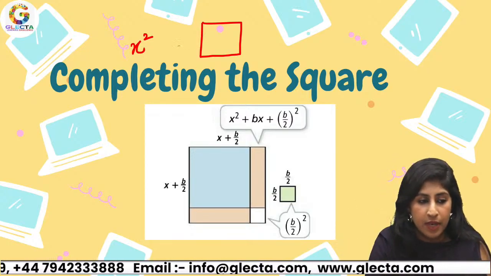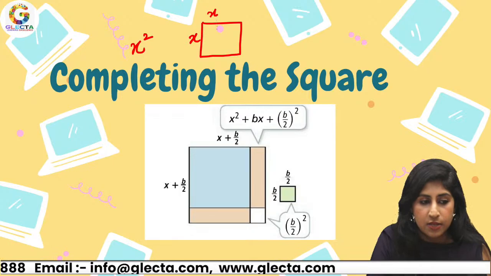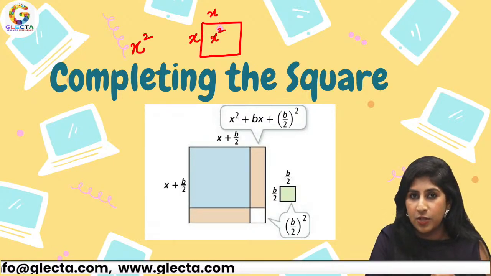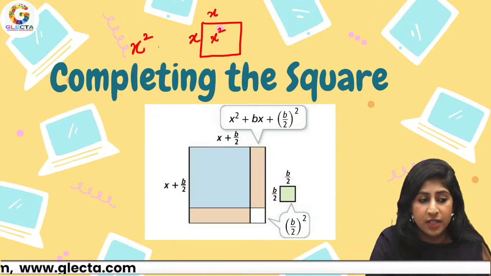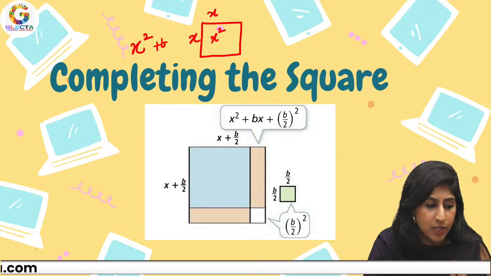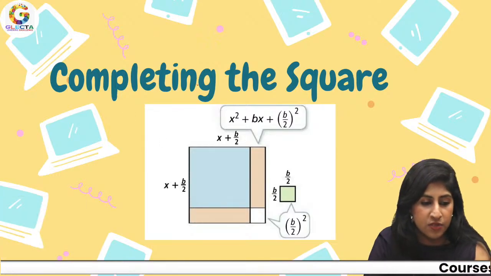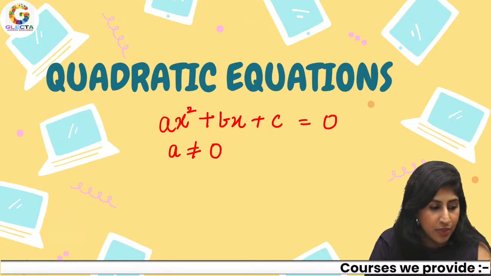Draw a square. This is x times x. The area becomes x squared, right? Now if I say that I have to solve, I'm going to explain x squared plus bx first. Let's try to understand that.